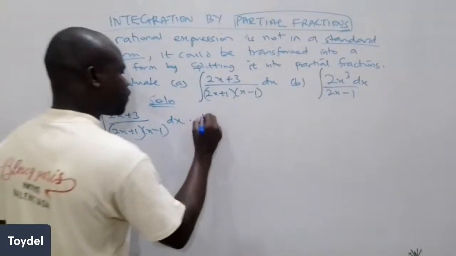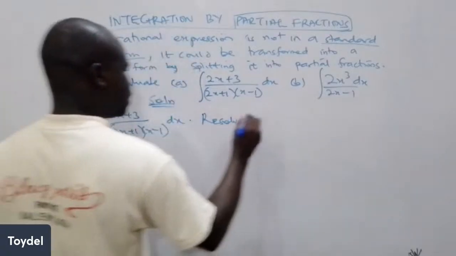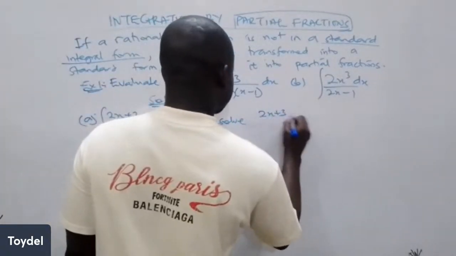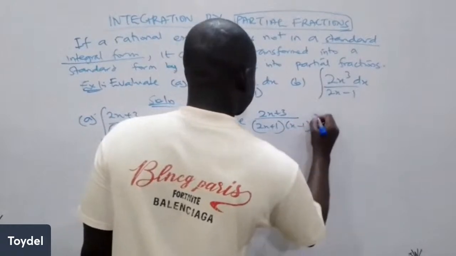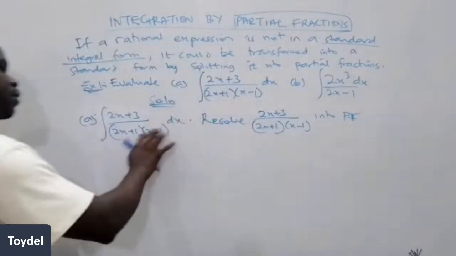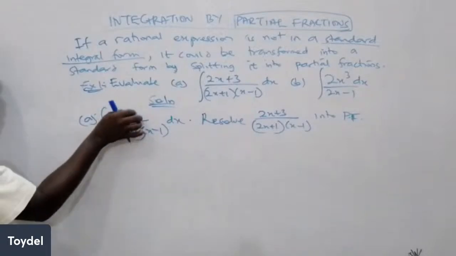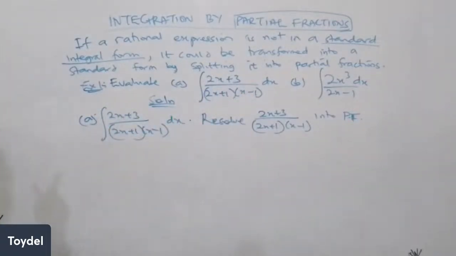The first thing is that we resolve what we are given, 2x plus 3 all over 2x plus 1 into bracket x minus 1, into partial fractions. Once we are able to resolve this into partial fractions, we replace it with what we are given here. Then we can find the integral. But finding the integral of this directly, this problem is not in the standard integral form. So we now resolve this.